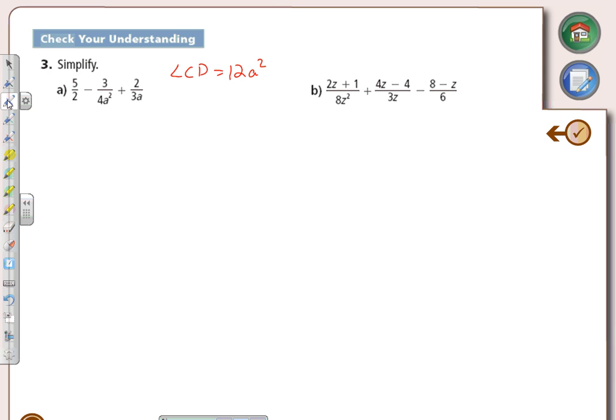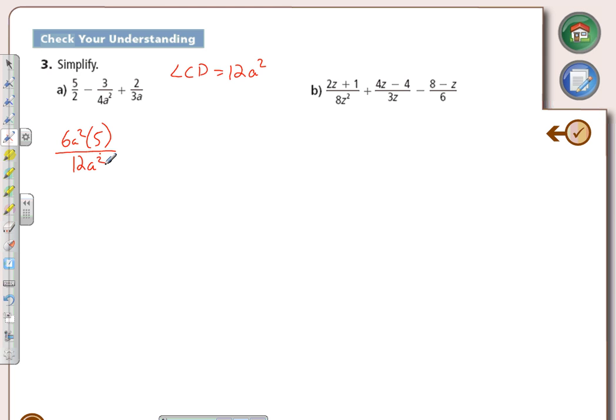And then what do we have to multiply each of them by? Well, the first one needs to get multiplied by 6a squared to get to 12a squared. So 6a squared multiplied by 5 over the 12a squared.